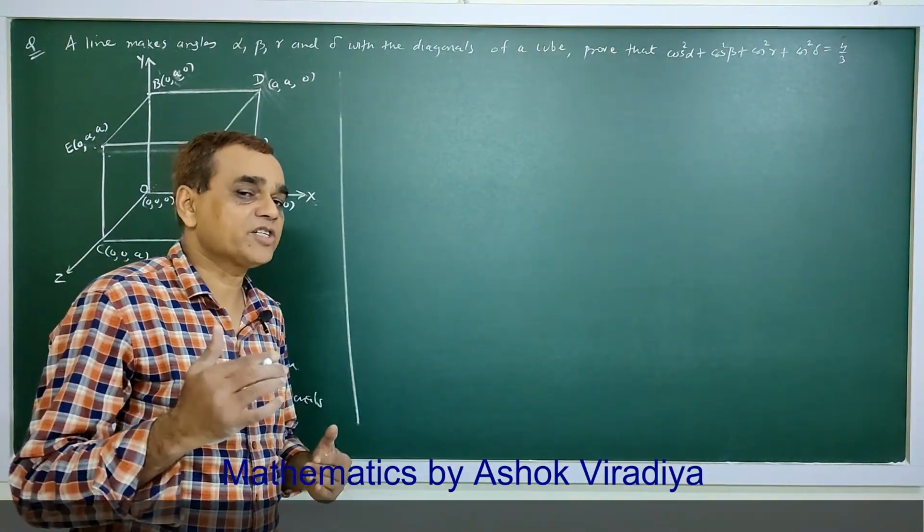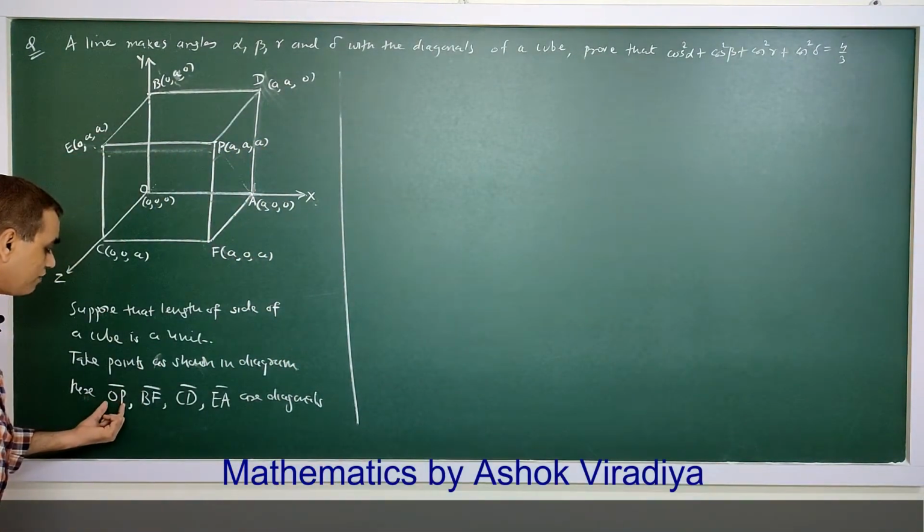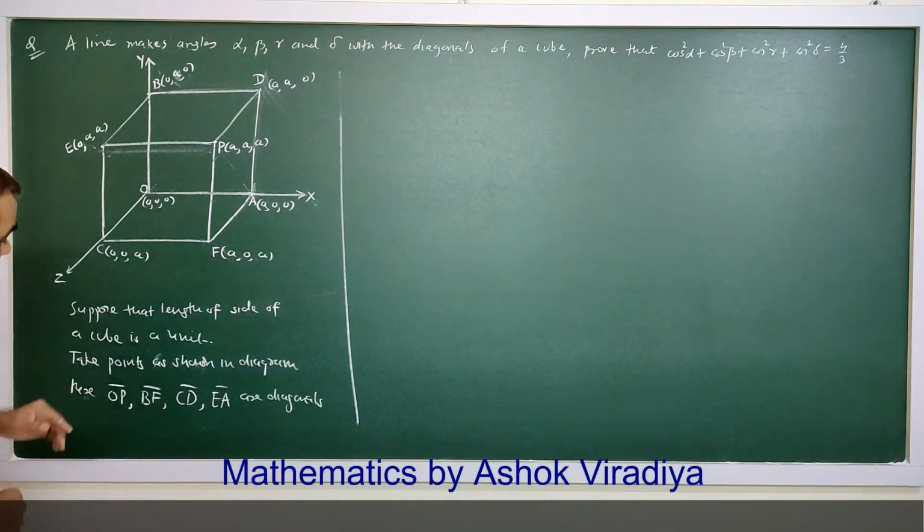We divide direction ratios by length of these line segments. So first of all we find length OP.